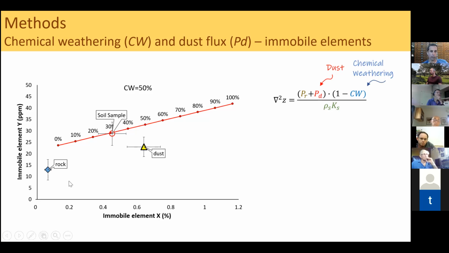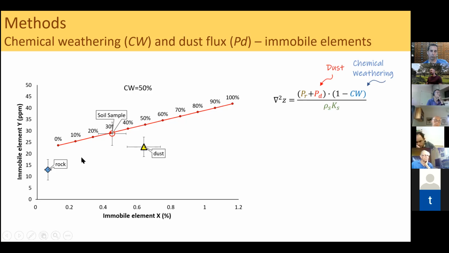Let's say we have two immobile elements, X and Y, on the vertical and horizontal axes. If we see the immobile elements in the rock and in the dust, we expect that the soil will be somewhere along a mixing line between them, unless there is chemical weathering which enriches the immobile elements.